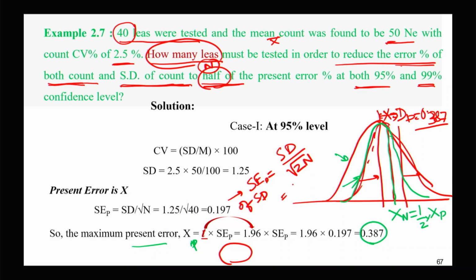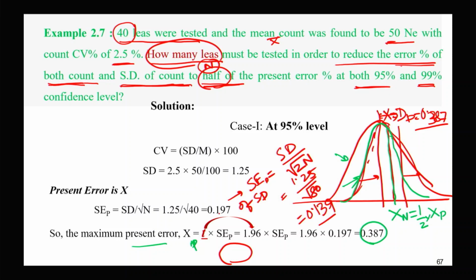So 1.25 by under root 80, the value becomes 0.139.